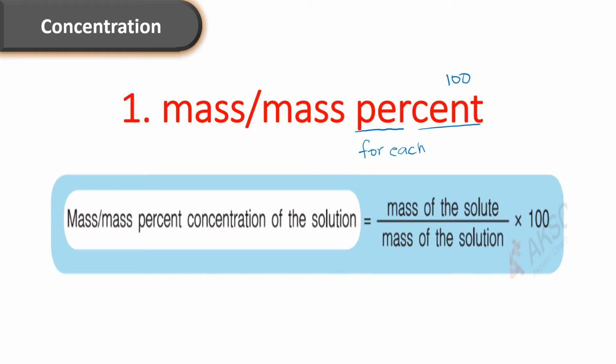So in a mass over mass percent, for each 100, how much solute did you dissolve in your solvent? The formula is the mass of the solute divided by the mass of the solution times 100. Please remember that your solution is your solvent plus your solute.